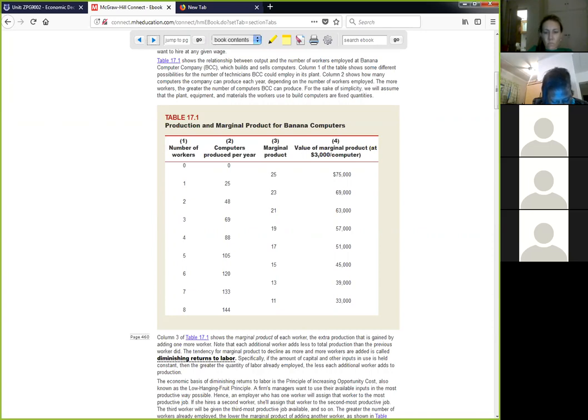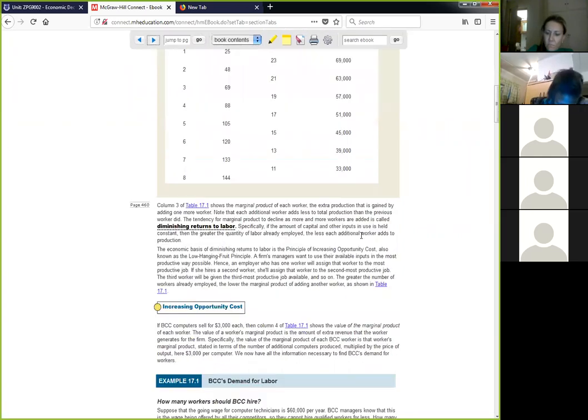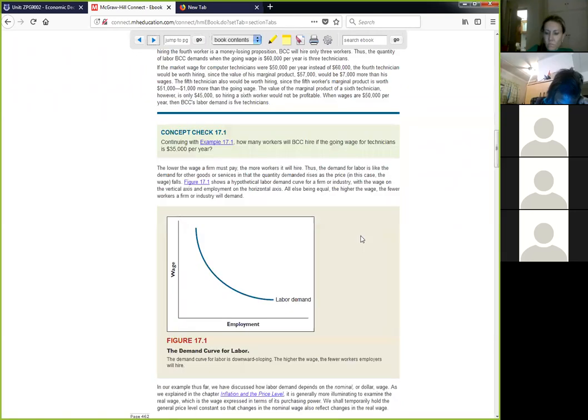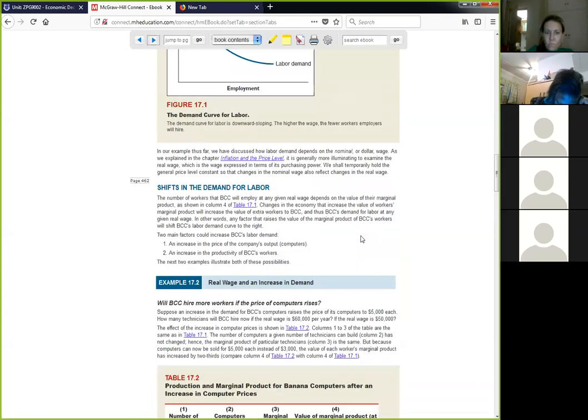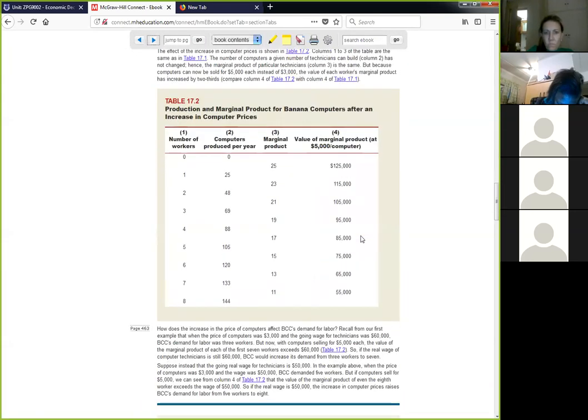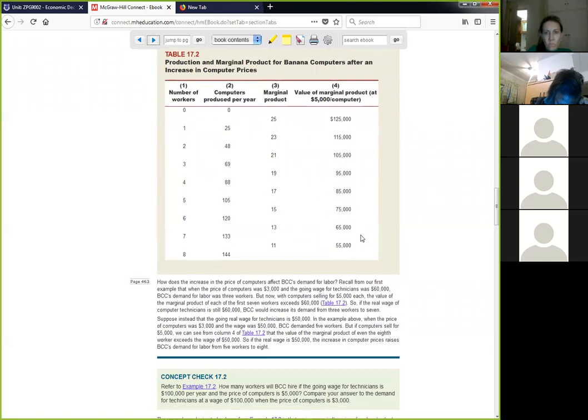Then, of course, the other important thing is table 17.2. Real wages, the increase in demand. When will the demand for labor increase? Right? The demand for labor will increase, shifting the whole curve out, if the real wage increases.